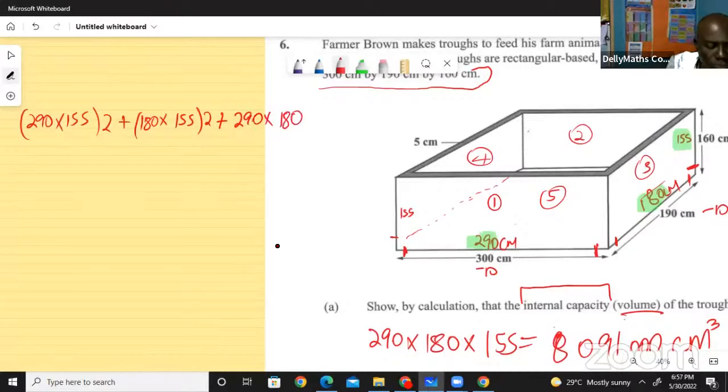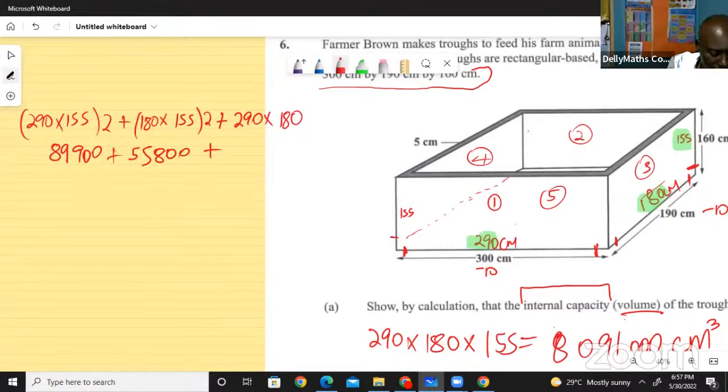So what we're going to do is put our math together. 290 times 155, multiplied by 2. For this part, I'm getting 89,900. Then 180 times 155 times 2, I'm getting 55,800 there.